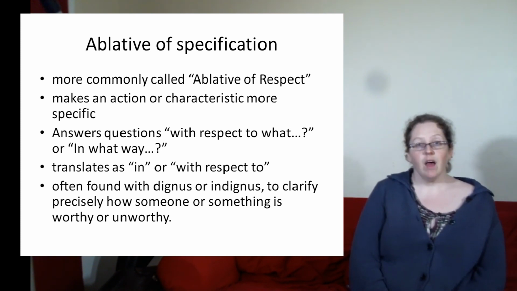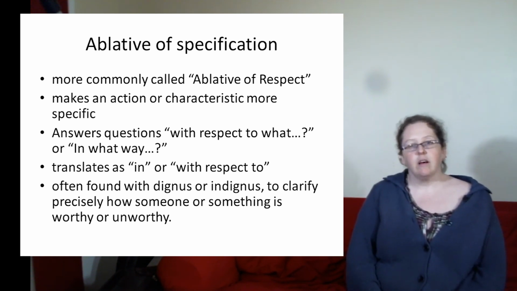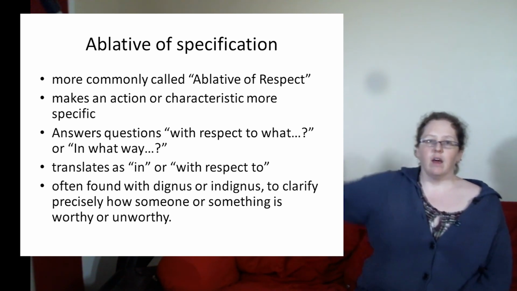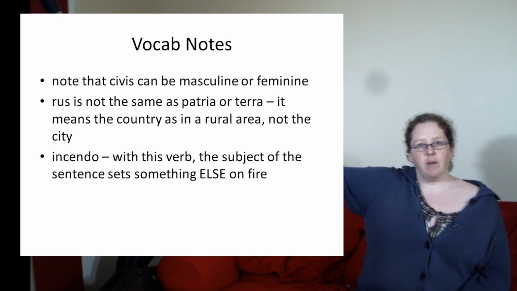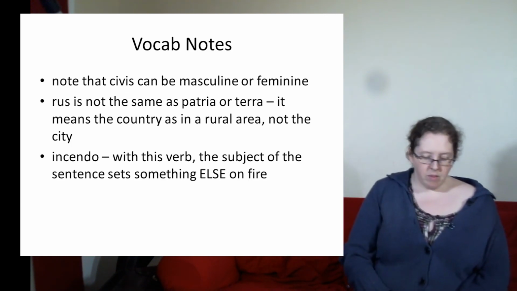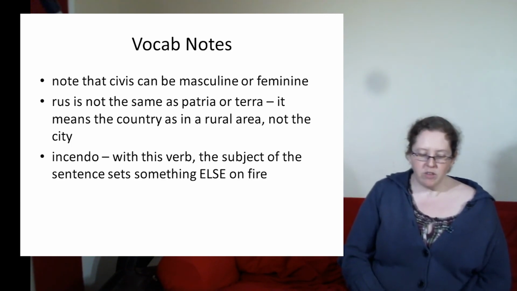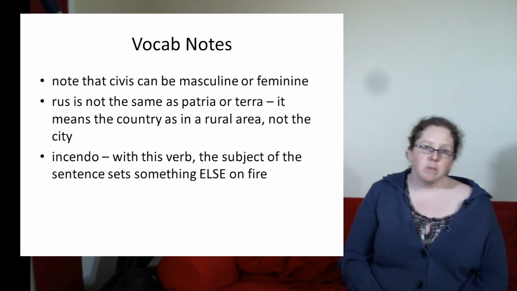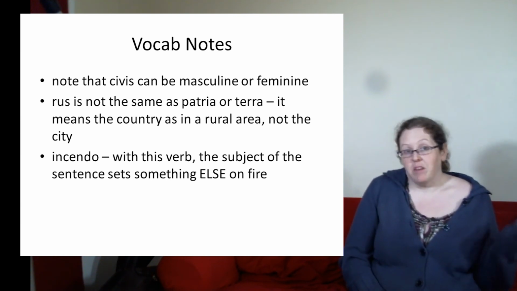Okay, so that is everything for today. Here is one last slide with vocabulary notes. And I want to draw your attention to the fact that civis can be masculine or feminine. It basically just depends on whether the citizen you're talking about is masculine or feminine, is male or female.